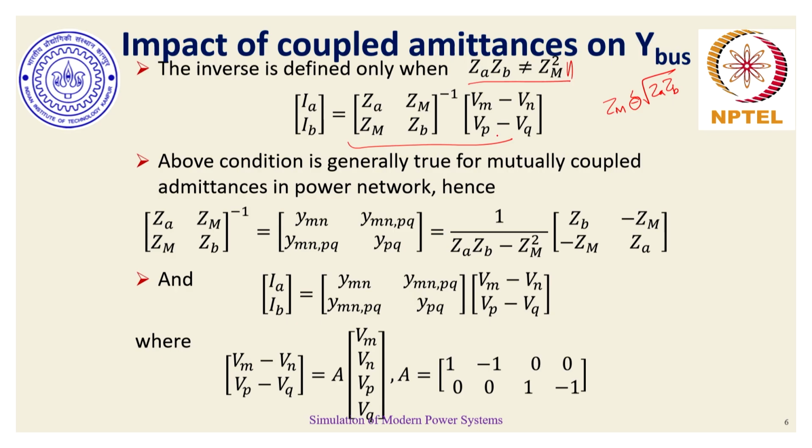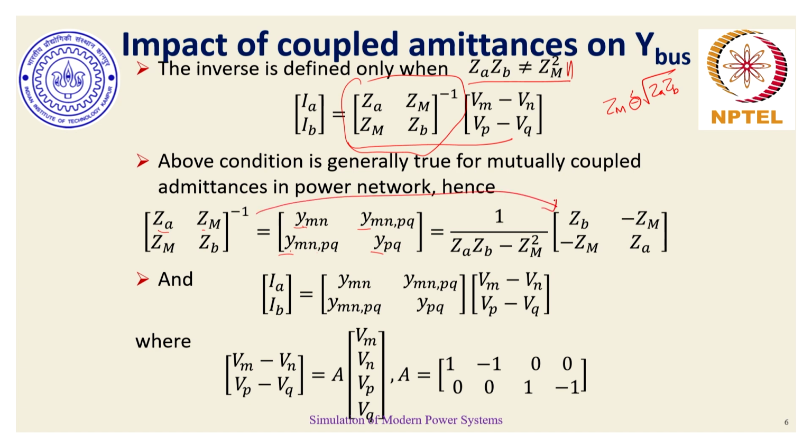We can try to find the corresponding factors of this 2 by 2 matrix, where if Z is impedance, the corresponding factors would be called admittances. We call them YMN, YMN-PQ, YMN-PQ and YPQ. Why are the YMN, YPQ terms coming in?